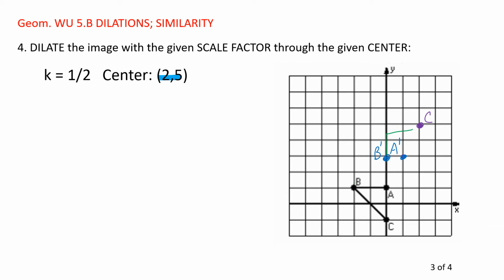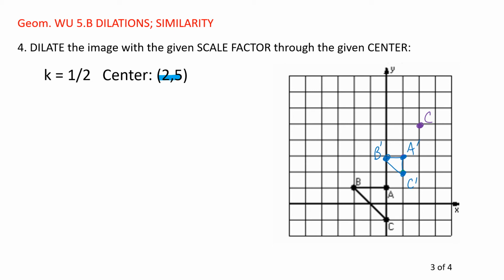Again, I don't want my picture to be cluttered. And I'm going to do the same thing for C. How do you get to C? Well, I'm going over 2 units and down, it looks like 6 units. So I cut both of those in half, or multiply by half. 2 divided by 2 is 1. And then down 3. Here's C prime. And that should be my new figure. There it is.